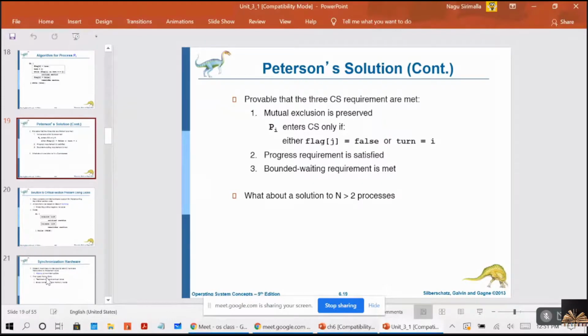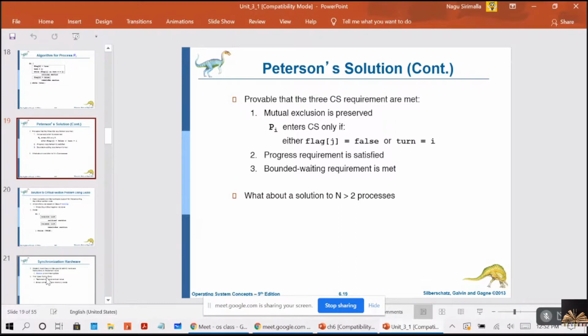If Pi sets flag to true, it must also set turn equal to I. Thus, Pi does not change the value of the variable turn while executing the while statement. That means Pi will enter the critical section after at most one entry by Pj. So you are going to satisfy both the progress and the bounded wait here.